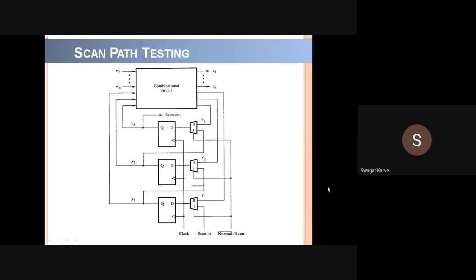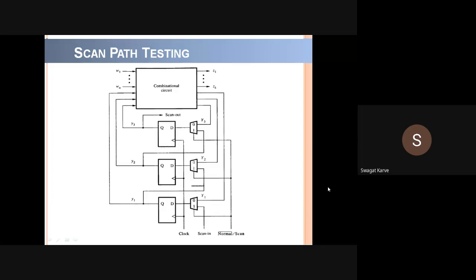And what is the purpose of using this? To test a combinational circuit, or you can connect a sequential circuit also, no problem, right? The major feature of scan path testing is that it improves the observability as well as controllability by enabling all storage nodes to be controlled and observed via a serial scan path.